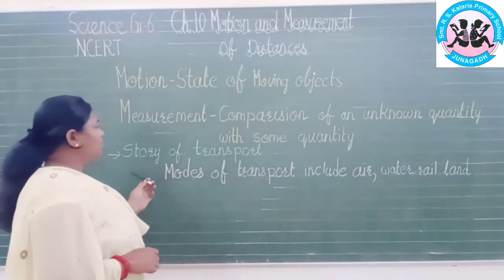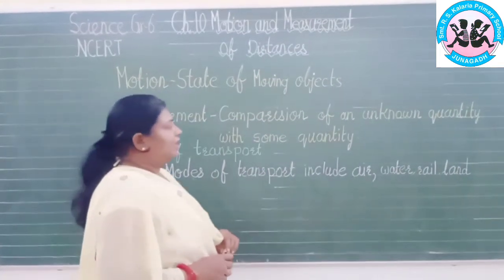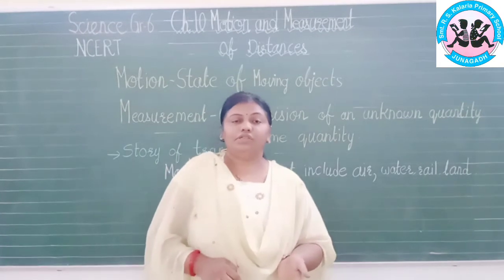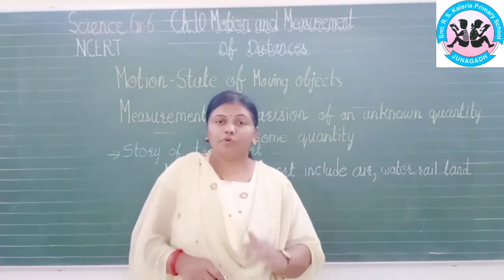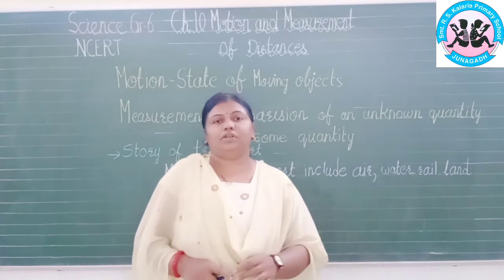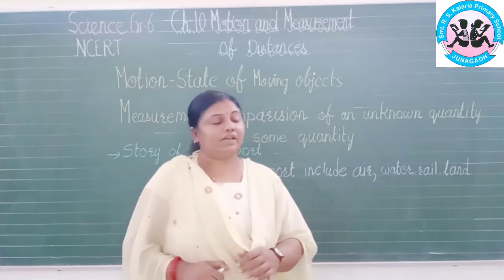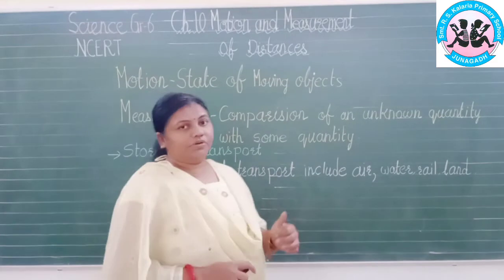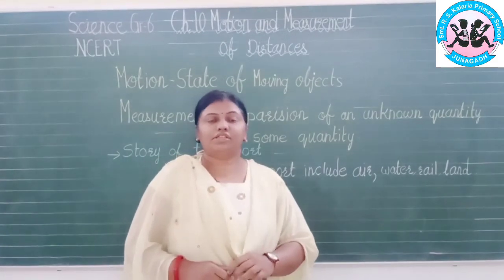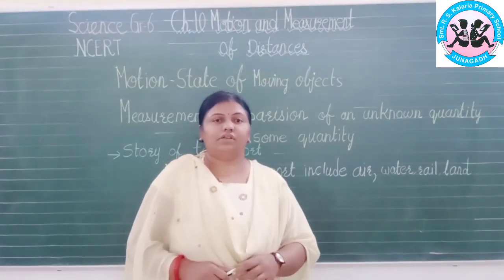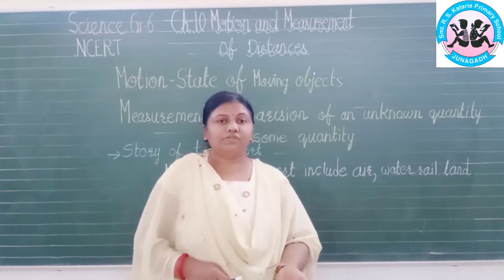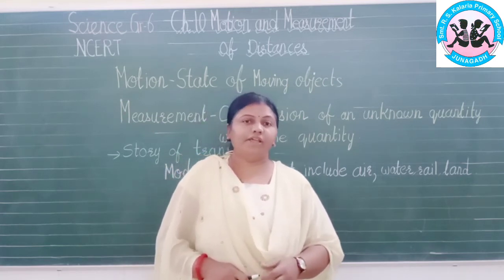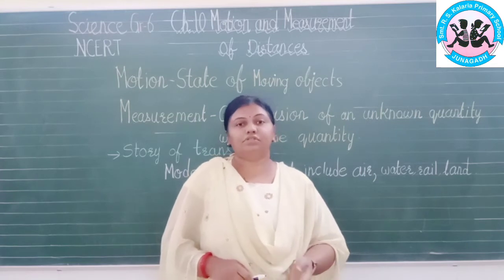Okay. Now the story of transport. Yes. Now we have discussed motion. What is motion? Moving from one place to another. So that is related to the story of transport. Previously, how was transport done? There were no buses and aeroplanes as we have at present. At that time there was nothing.